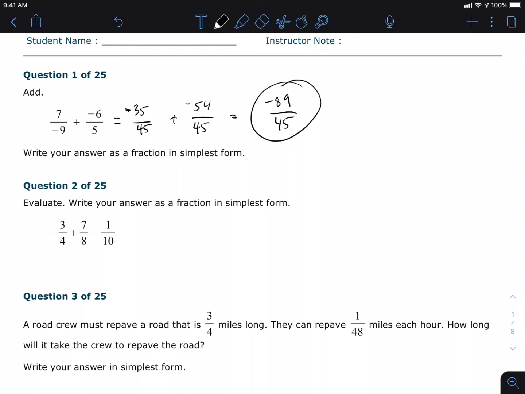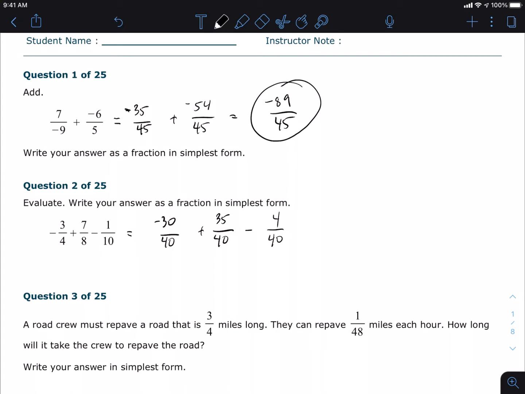So moving on to this next one. Again, I'm going to have to do the same thing. I have 4, 8, and 10, and so I think the common denominator is going to be 40. I multiplied that by 10, so that's going to be a negative 30. 8 times 5 is 40, so this is going to become 35. And then I multiplied that by 4, so I need to multiply that by 4.